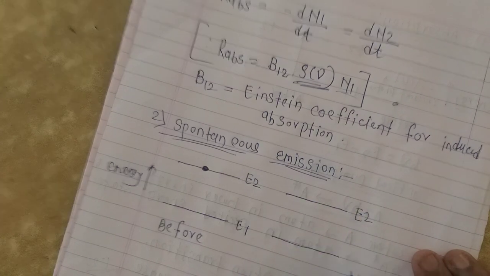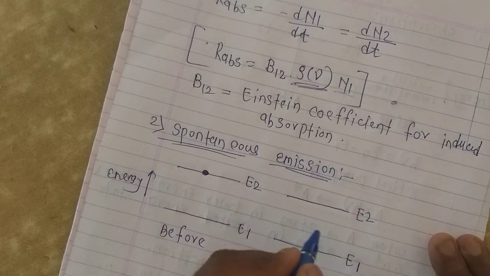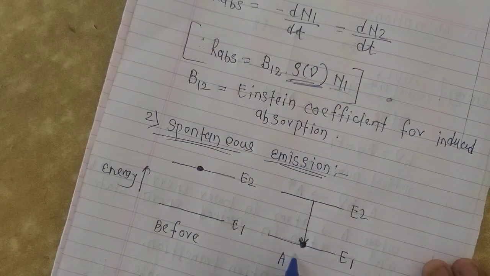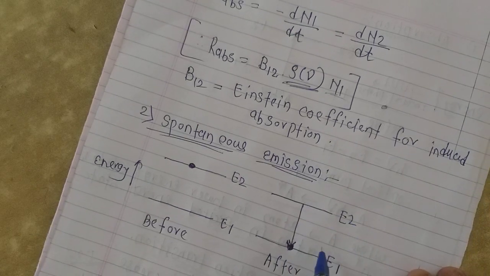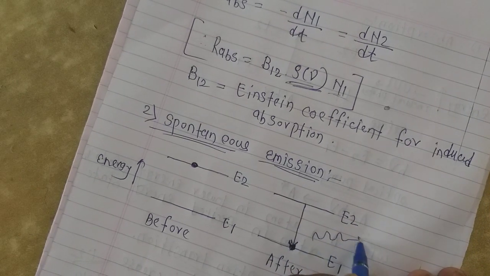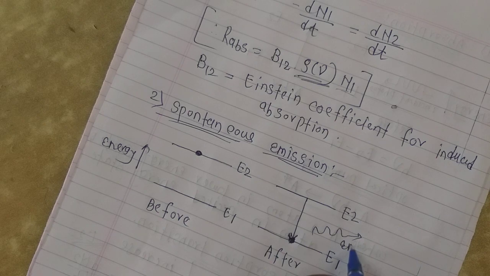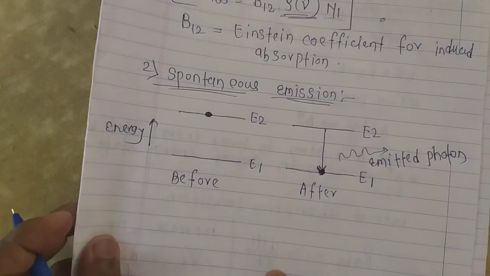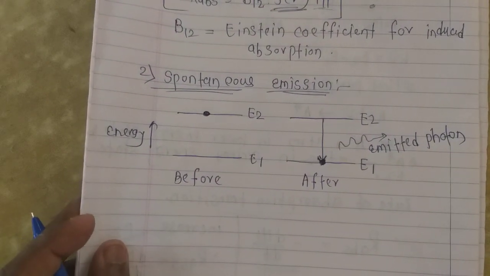E2, E1, this excited atom goes to the lower energy level, that is the after, and the photon is emitted. This is the emission process, the spontaneous emission process.